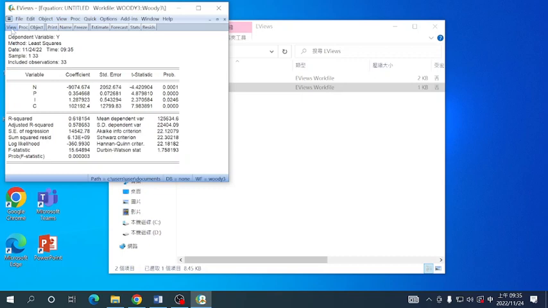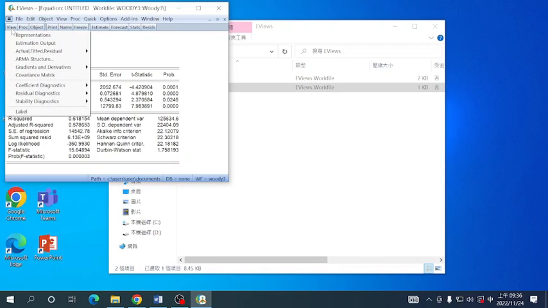And in EViews, the constant is at the bottom. So it starts with N, P, I, then the constant. Therefore, the location of the coefficients here will be: the first one is N, the second one is P, the third is I, then C. So let me show this. Did you see the View? Hit on View. There are several functions.